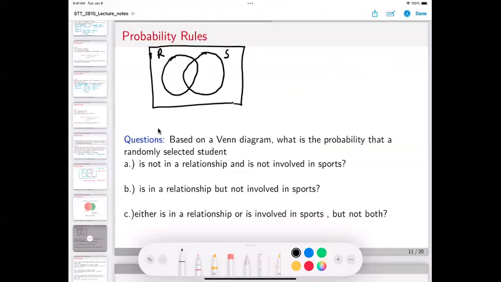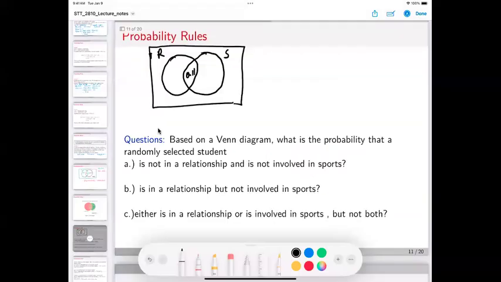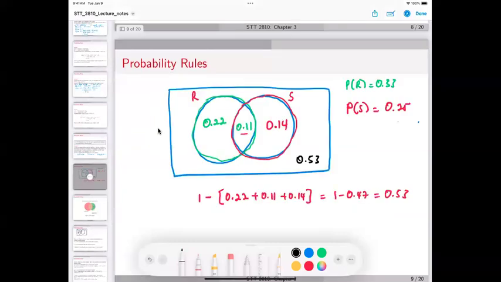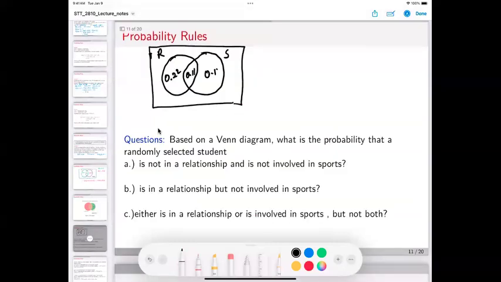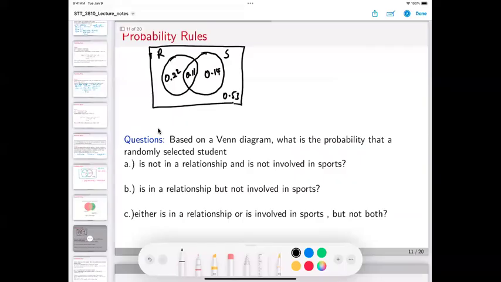Here was 0.11, and then 0.22, and then 0.14. And then here was 0.53. Okay? I just copied the first Venn diagram that we did. Is that okay? Now we are going to use these Venn diagrams to answer these questions here.